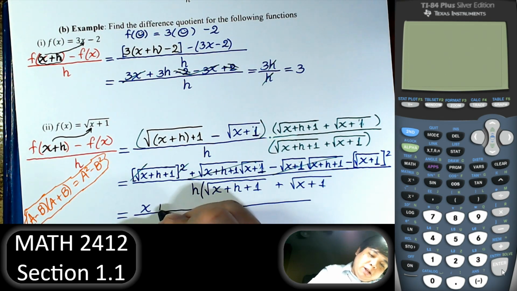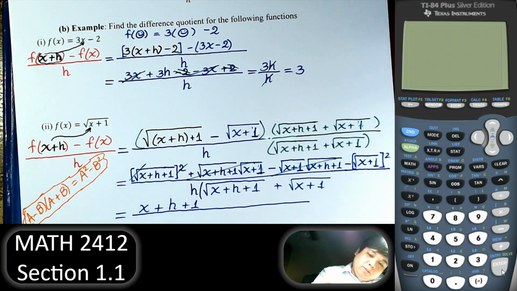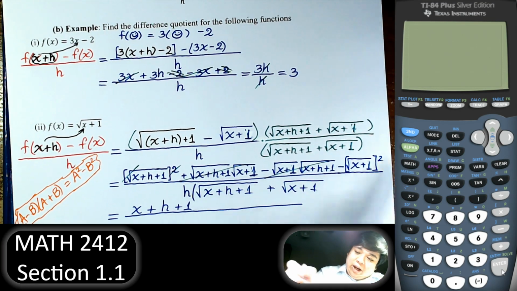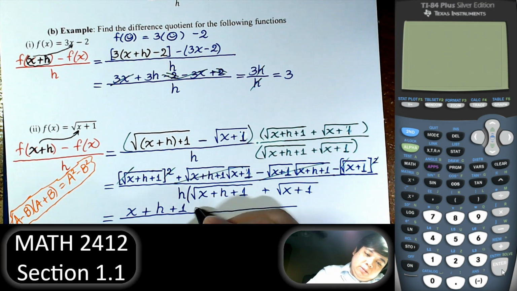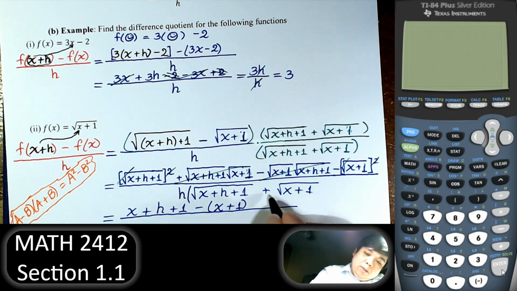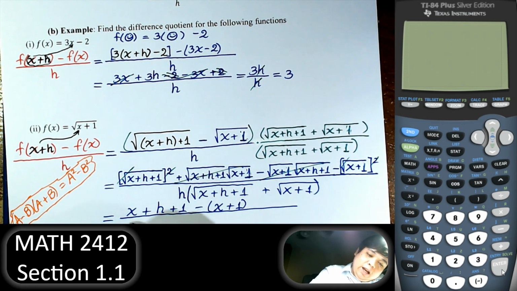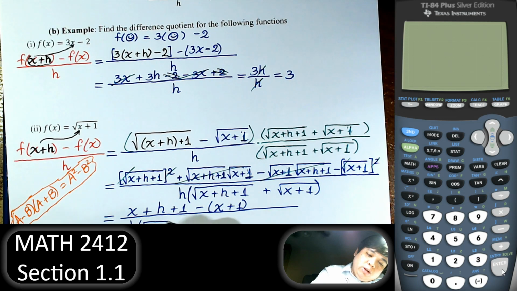We have x plus h plus 1. Once again, the square cancels the square root. At the bottom we have h times the square root of x plus h plus 1, plus the square root of x plus 1.